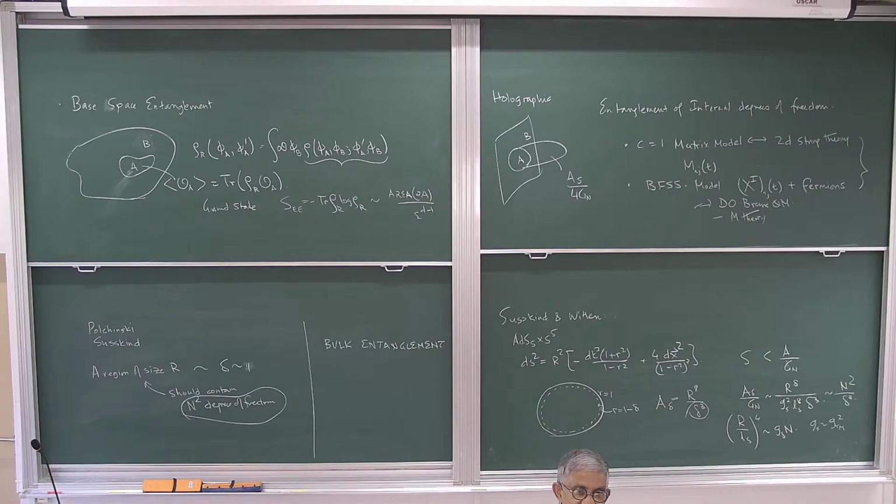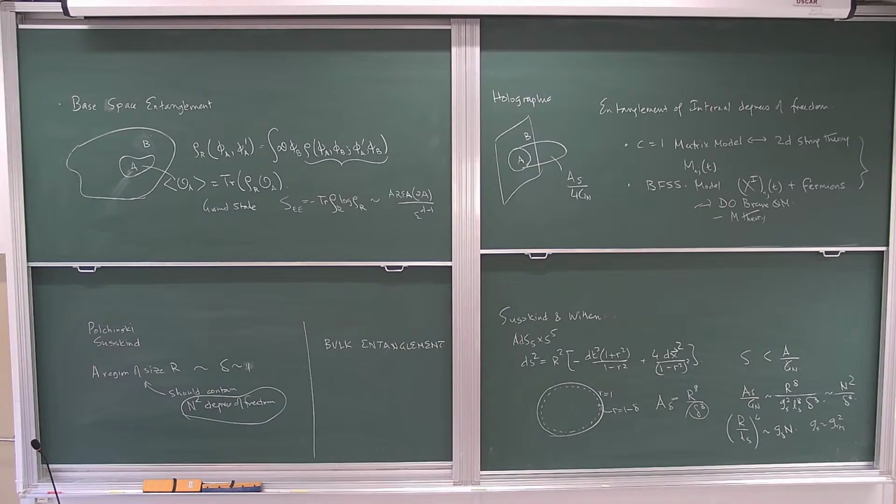Unless you're in some limit, like a very semi-classical limit of small fluctuations of the metric, where you use that background to define what is a region, and you treat the dynamical gravity as perturbative fluctuations. That's what people usually refer to when they say bulk entanglement. It's entanglement of these perturbative degrees of freedom.